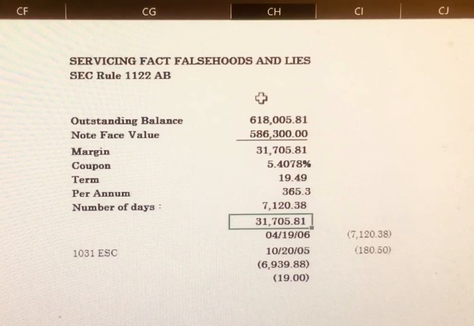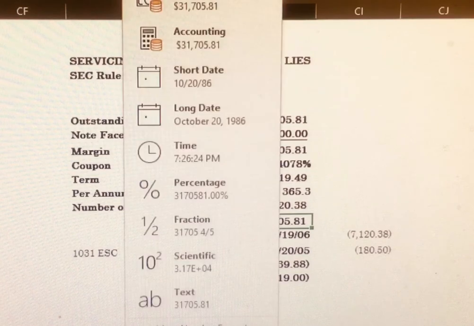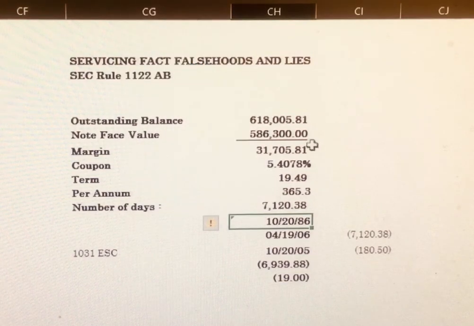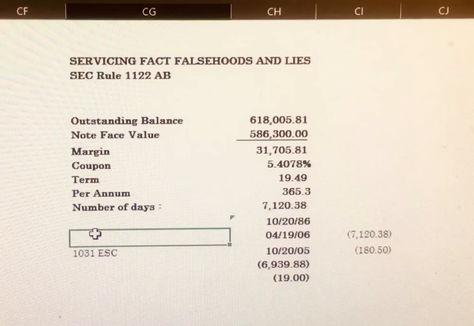When we convert it to a date, as you can see, the date is October 20th, 1986. And when we add 7120 days to 10/20/86, it gives us a cutoff date of 4/19/06.